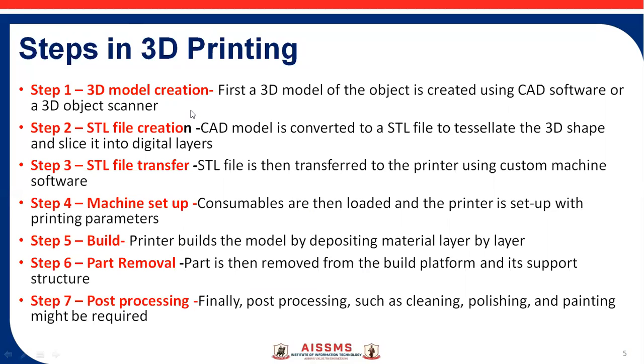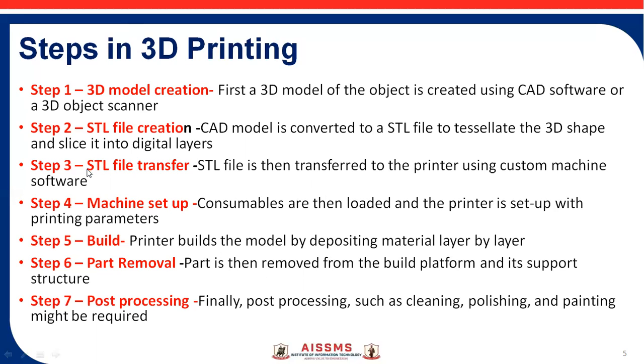So we have to prepare the 3D object in CAD software, maybe CATIA, ProE, ANSYS, Unigraphics, etc. Then in step 2, we have to create the STL file, that is the stereolithographic file. The CAD model is converted to the STL file to tessellate the 3D shape and slice it into digital layers.